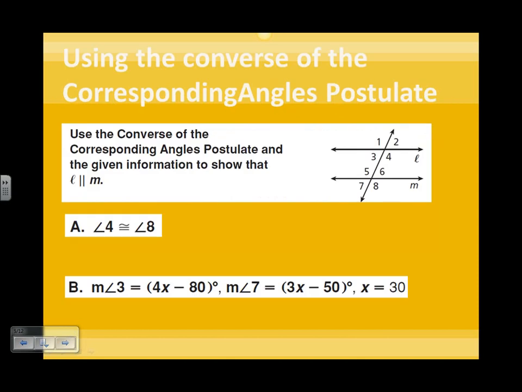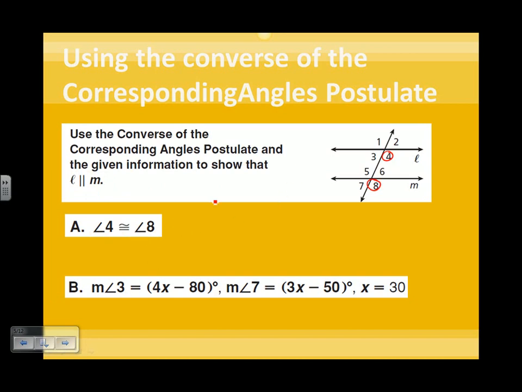So we can use the converse of the corresponding angles postulate in a very similar way to what we use the corresponding angles postulate for. It says use the converse and the given information to show that L is parallel to M. If I look at my first set of given information, it's angle 4 is congruent to angle 8. I'm going to identify those, and I have identified those as corresponding angles.